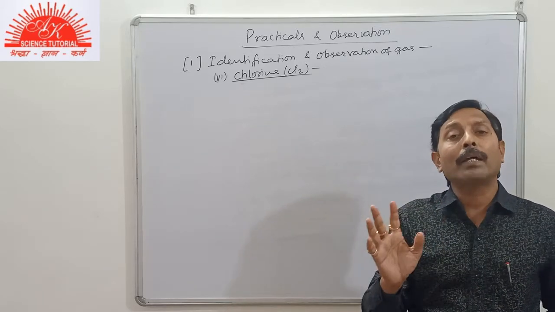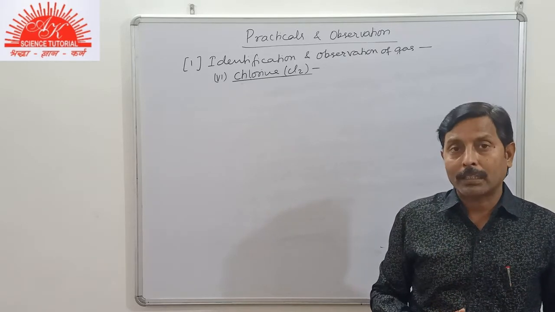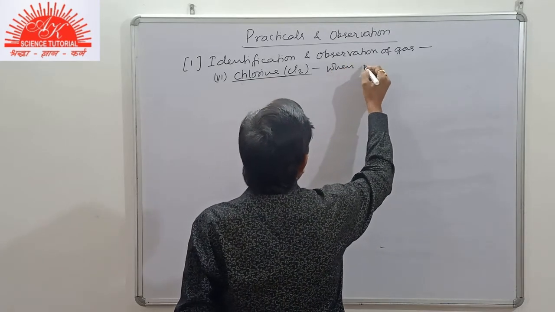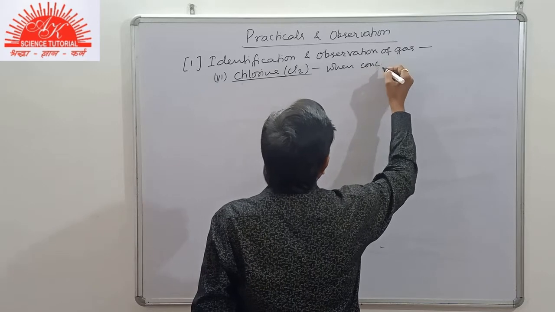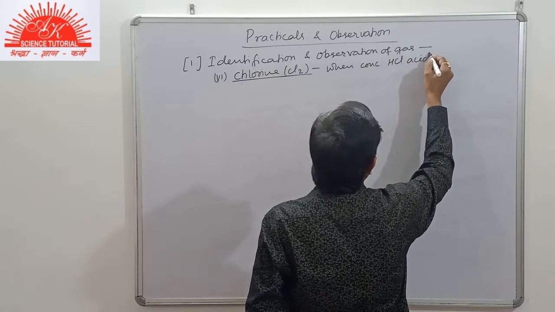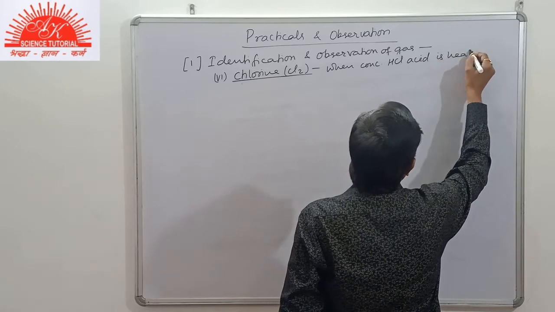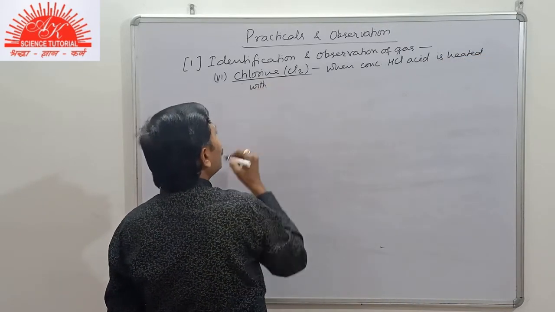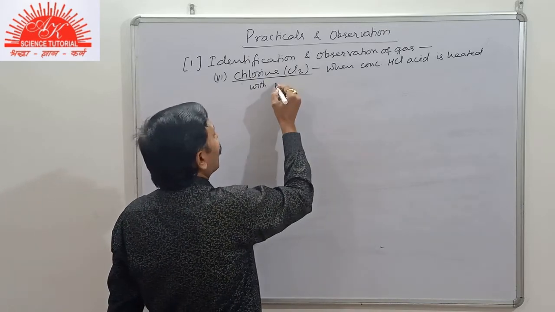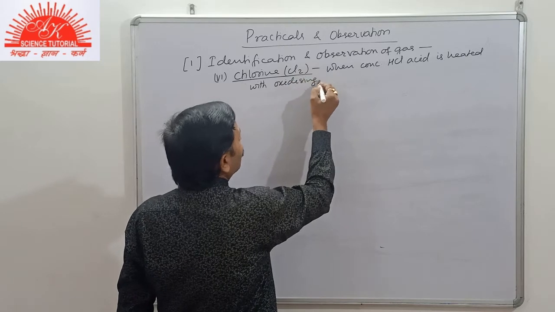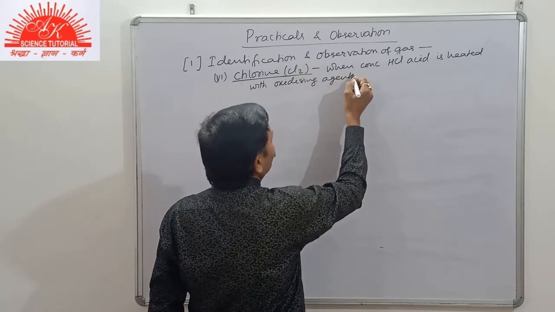So this is the simple method of producing chlorine gas, that is, when concentrated hydrochloric acid is heated with oxidizing agents.